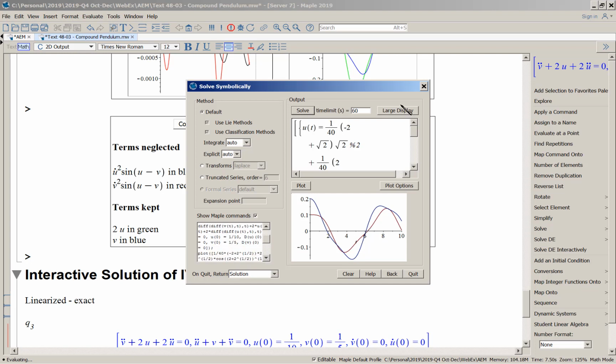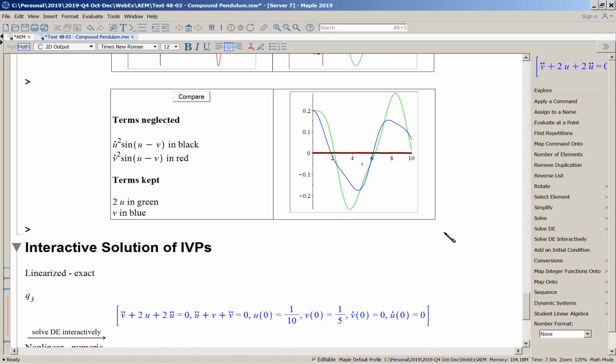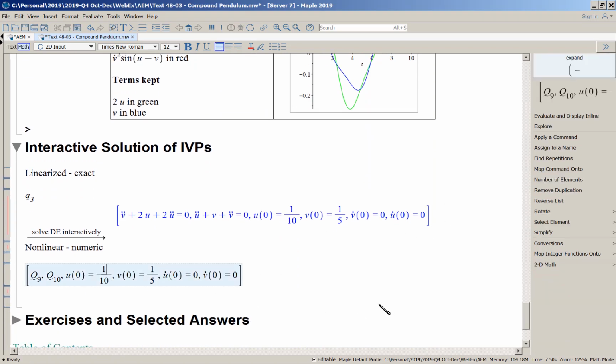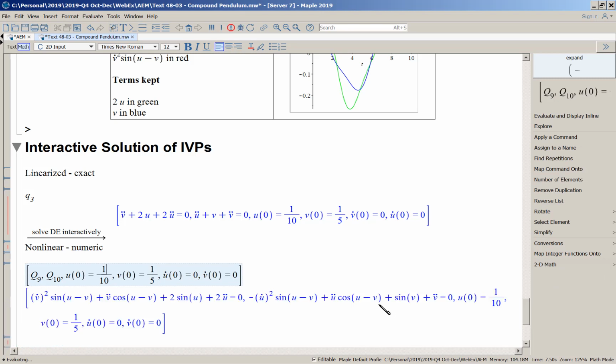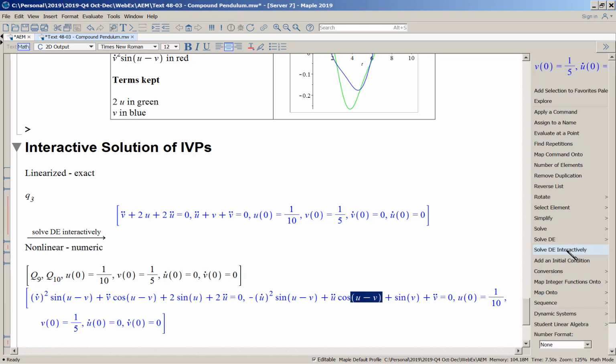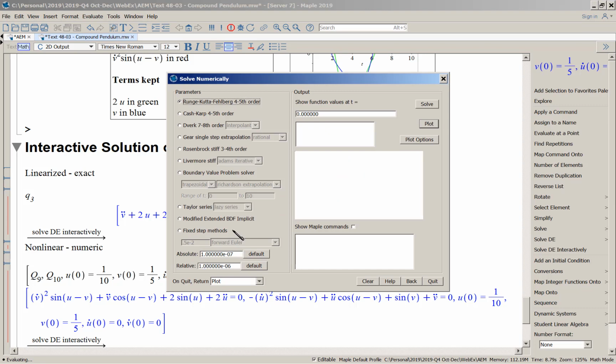Okay, so you can get the linearized solution point and click, and you can even get the nonlinear one, the numeric solution, point and click. Here is the system you want to be solving. So again, let's bring up interactive. This system is in place, but this one we solve numerically.